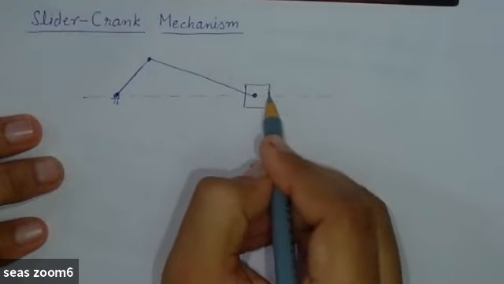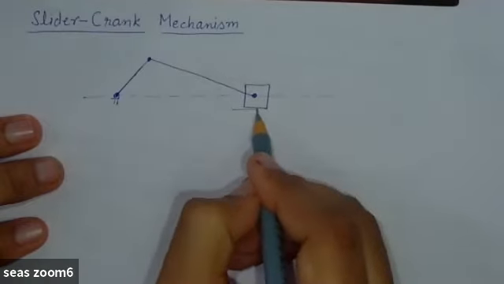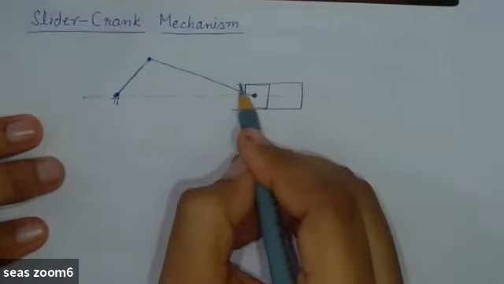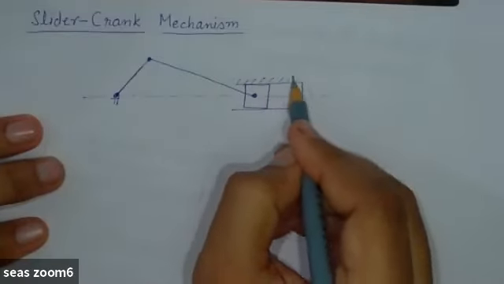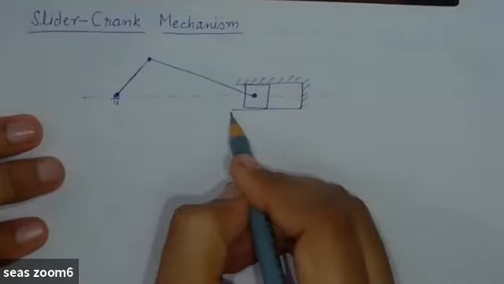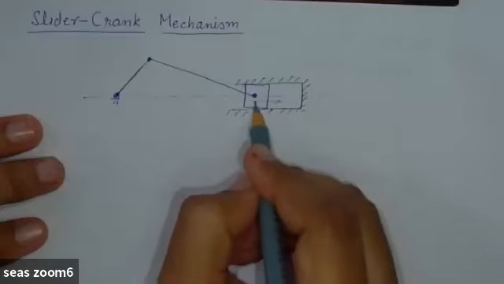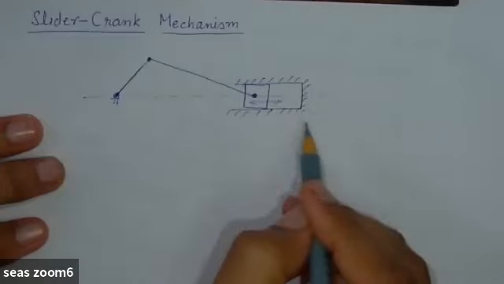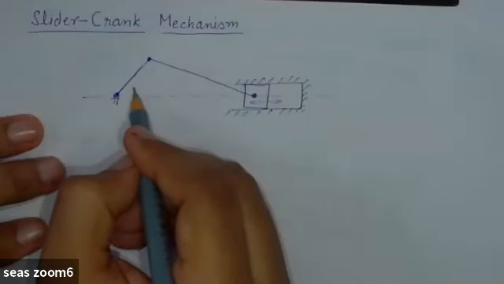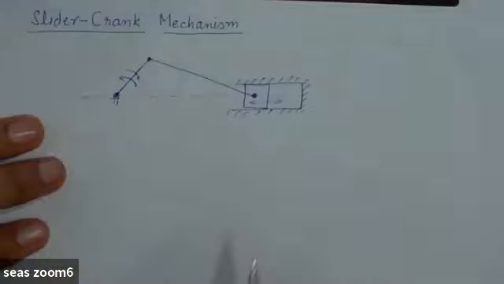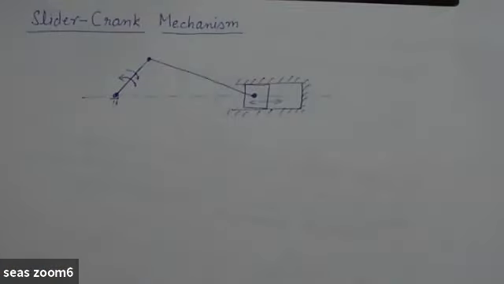Let's say here it is a piston, which slides inside this cylinder. So here it is a slider which slides, here it is a crank which rotates, and this mechanism is called a slider crank mechanism.